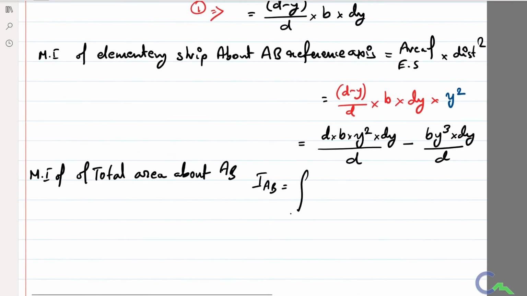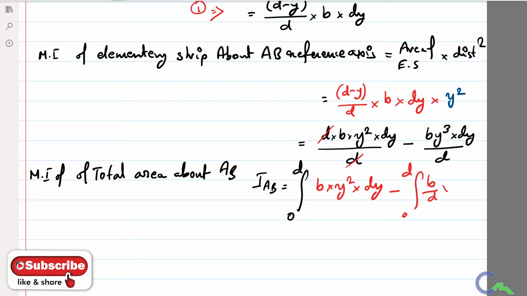Cancelling this d, the remaining is b into y square into dy, and again the second term, from 0 to d, b by d into y cube into dy.